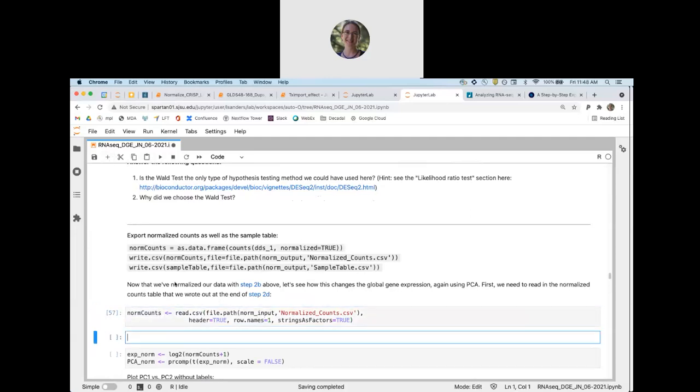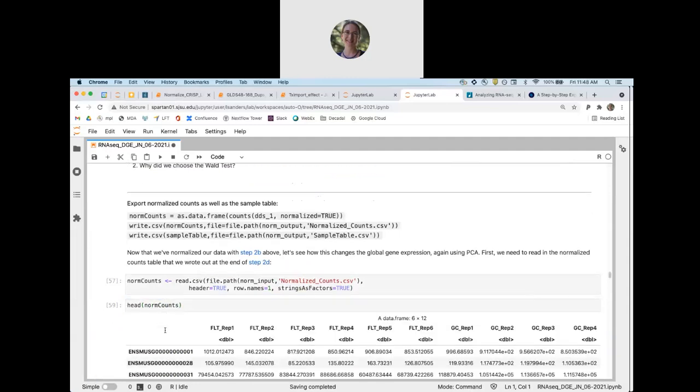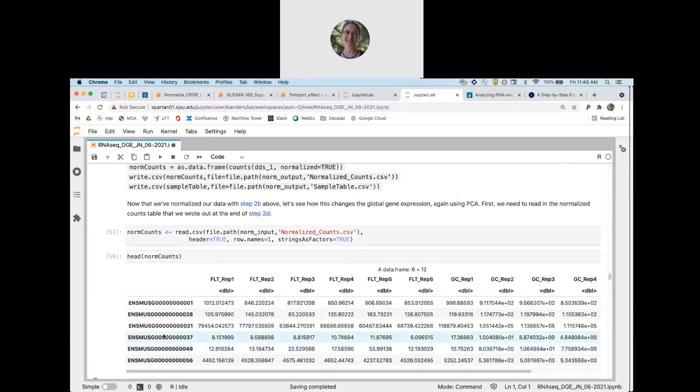I'm just going to add a cell here so that we can take a look at what we're seeing. If we run head(norm_counts), we can see we've adjusted all of the gene expression values in the matrix. They're all different than they were in the raw counts table. Our columns are still sample names and the rows are still gene names.